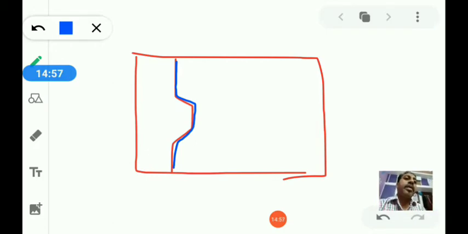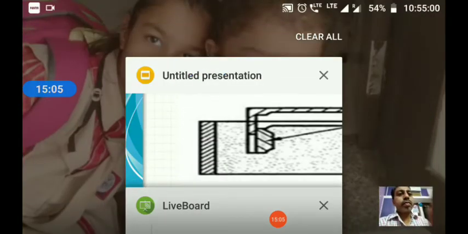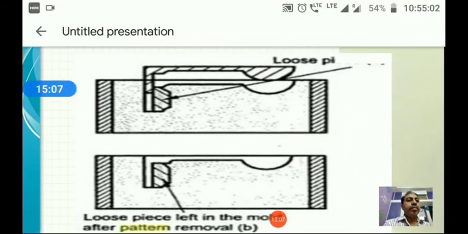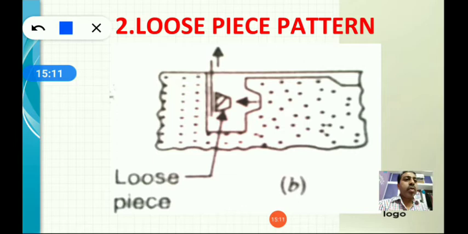When this type of undercut is there, at that time a loose piece pattern is used. This is also a loose piece pattern, so we can create this type of undercut in our product.